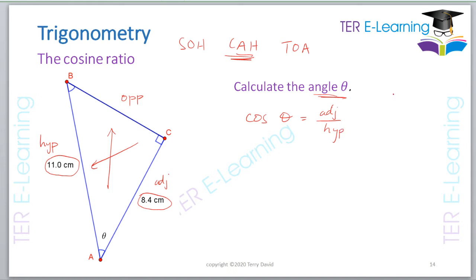So we start off by writing what the ratio is first of all. So then we're going to say cos, my angle, which I don't know what that angle is, it's theta. My adjacent now, in this case here, is 8.4. So this is 8.4 divided by my hypotenuse, which is 11.0, right? So now we're going to work that out.